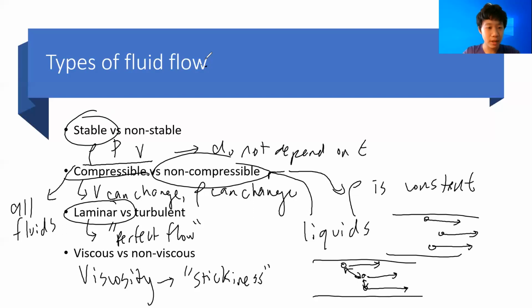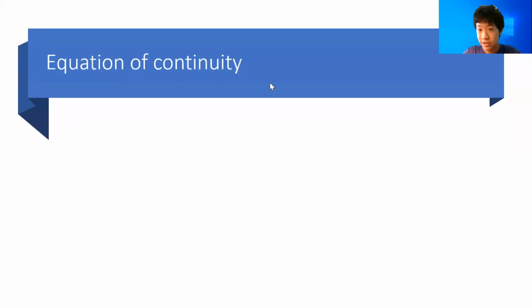So we're going to keep these three assumptions constant for all the fluids we analyze today. But the last thing, viscous versus non-viscous, may change. Some of the problems will deal with non-viscous fluids only, and some with viscous fluids. So those are the four types of fluid flow, and let's go on to the equation of continuity.